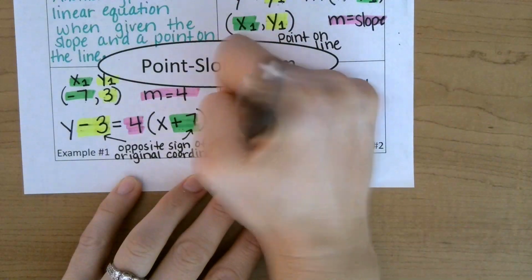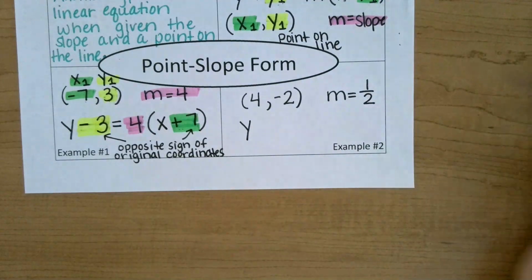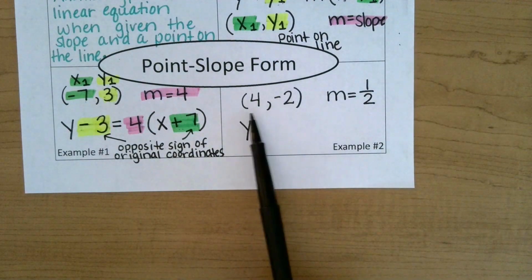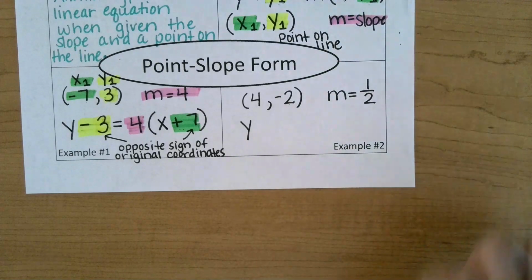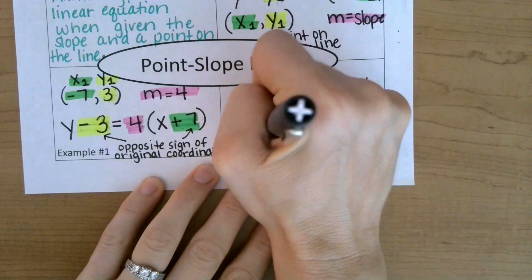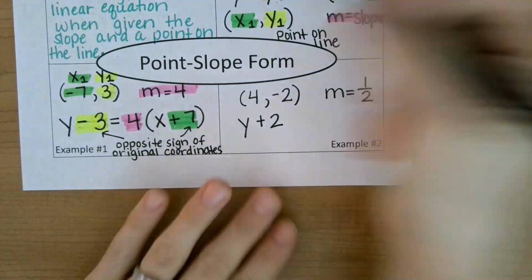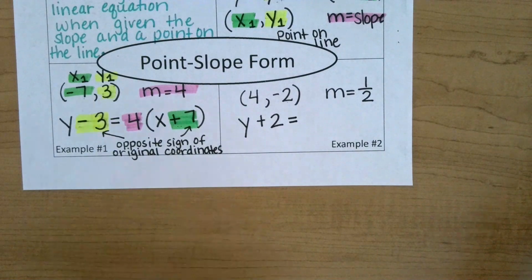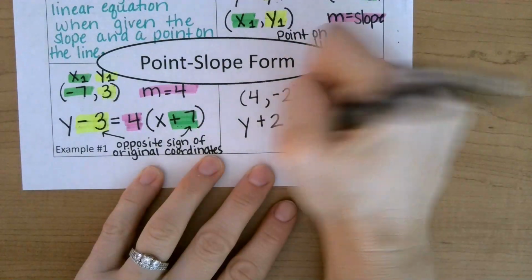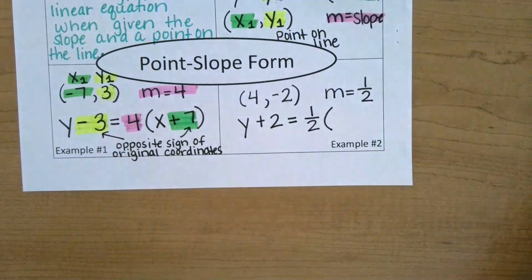Y. And then what is our y sub 1 value in this ordered pair? Negative 2. So what happens to our sign if it's negative? We're adding 2. So just do the opposite. All right, then we always put equals. And then what number would we put after the equal sign? 1/2 is our slope. Then you always do the parentheses.